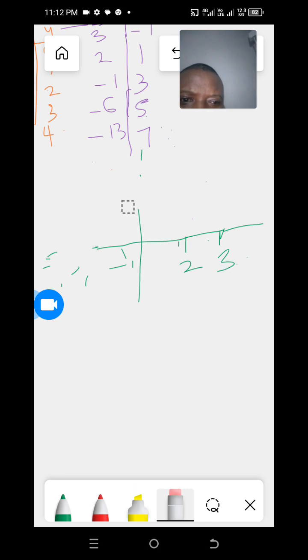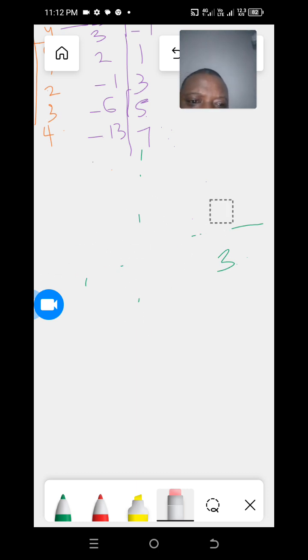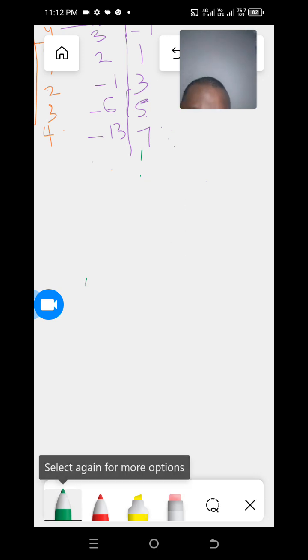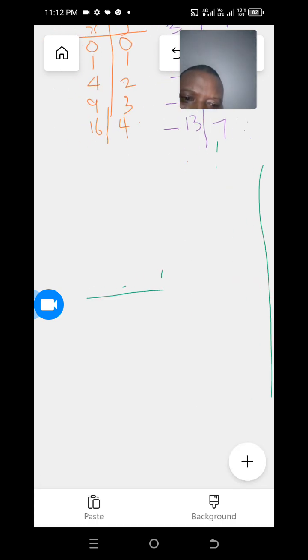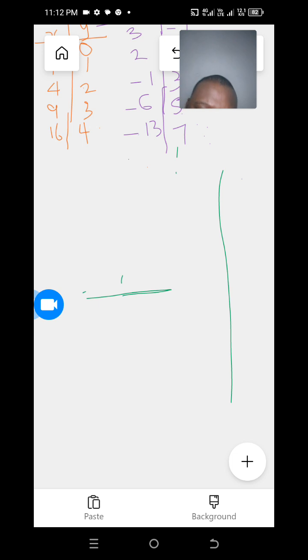Let me redraw the axis so that it will be better off. I think it's better like this.